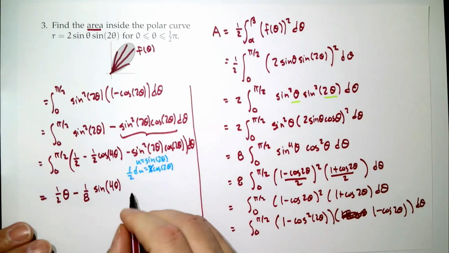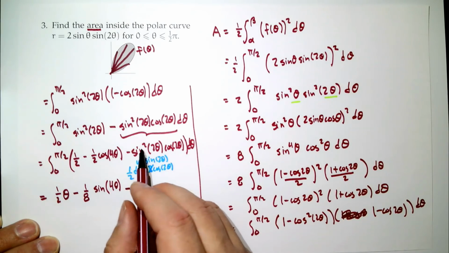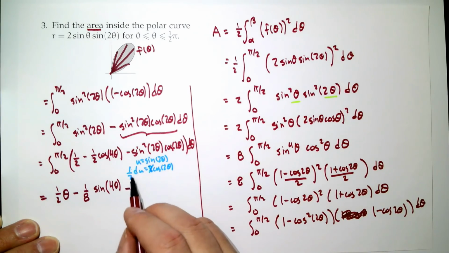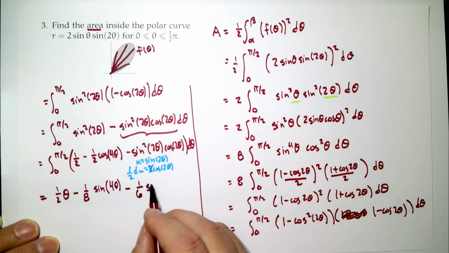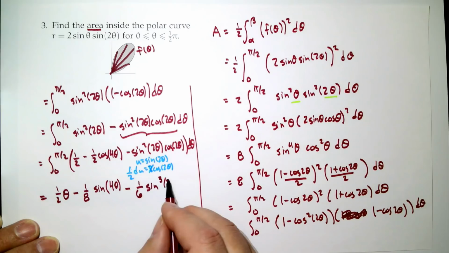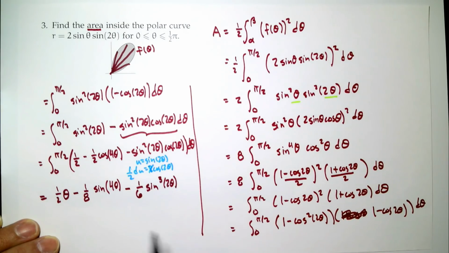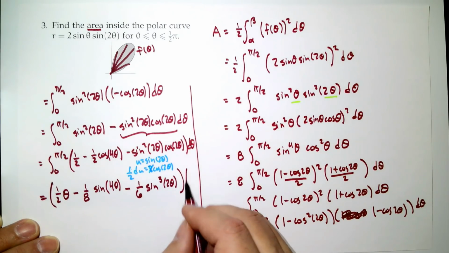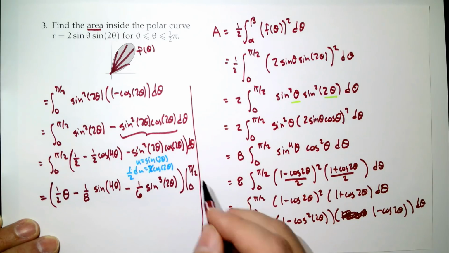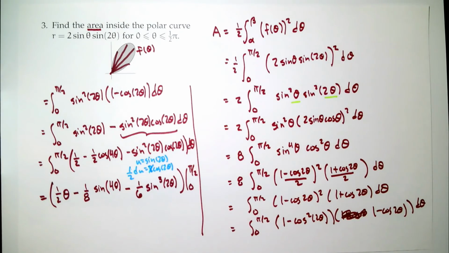And if you work out the coefficient, because it's a u cubed, you need an over 3, and you need an over 2 to compensate for the inside, so it's 1/6 sine cubed 2 theta. Okay, phew. I was worried we wouldn't have enough space on this page. So that's what you get if you evaluate it.